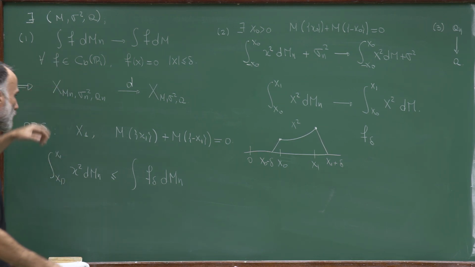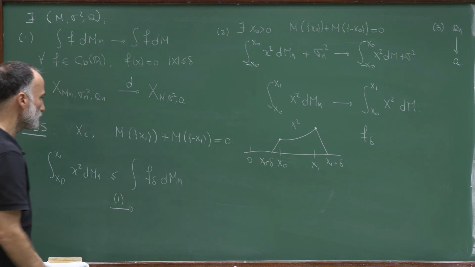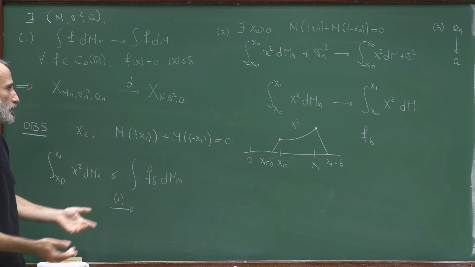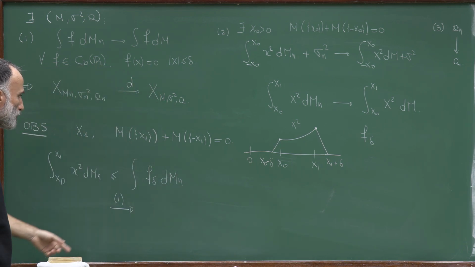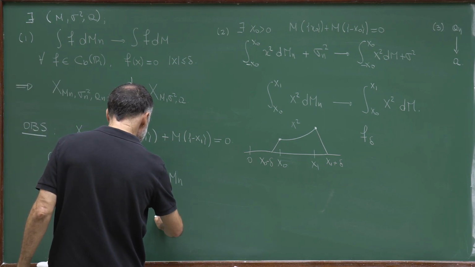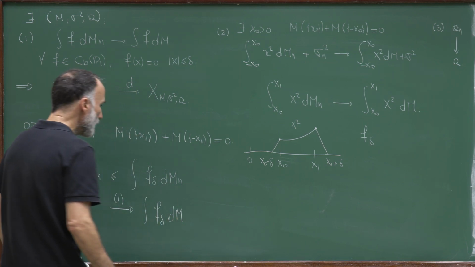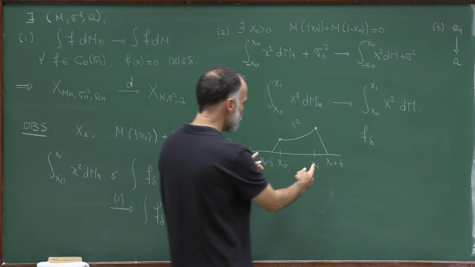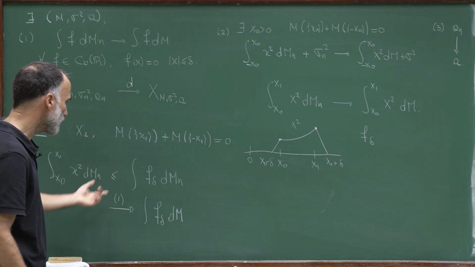Now I can use 1 to say that, because f delta is continuous and bounded, and it's equal to 0 in a neighborhood of 0, I can send n to infinity to say that this converges to the integral of f delta dm. This holds for all delta.